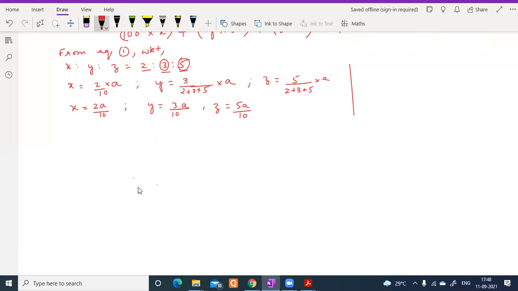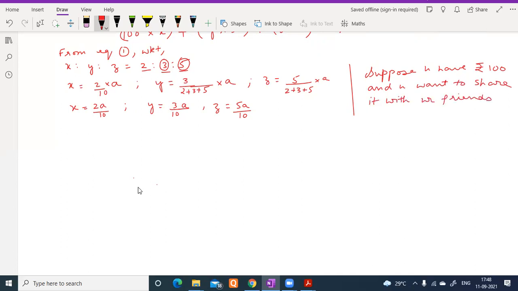Suppose you have rupees 100. Okay. And you want to share it with your friends.